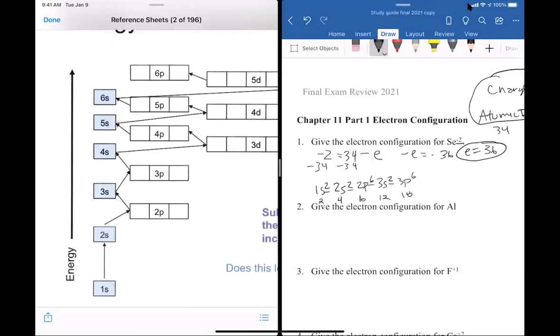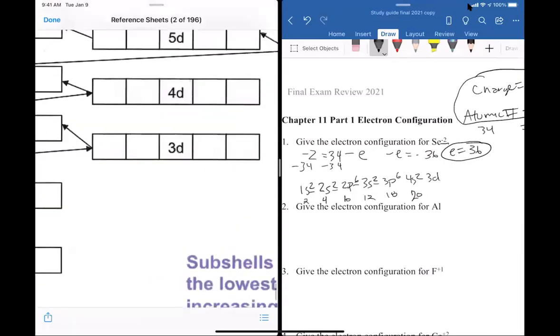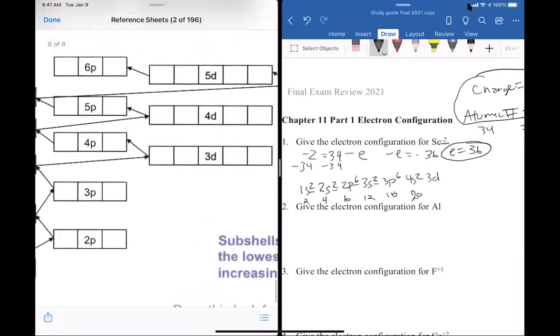What's after 3p? We have 4s. We can fit up to 2 because it's only 1 box, so that's 20. What's after 4s? We have 3d. How many can we fit in 3d? We have 5 boxes, 1, 2, 3, 4, 5. Each box can fit 2, so that's 10. So that's 30. What's after 3d?